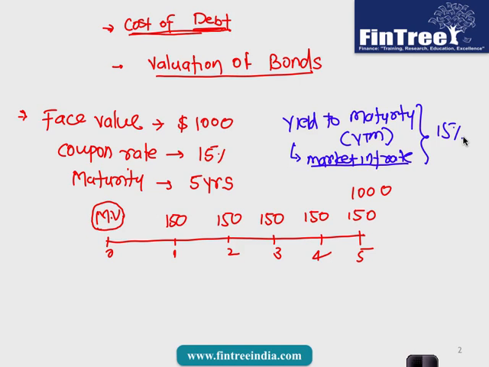Market value of a bond at any point of time is present value of future cash flow discounted at current YTM.